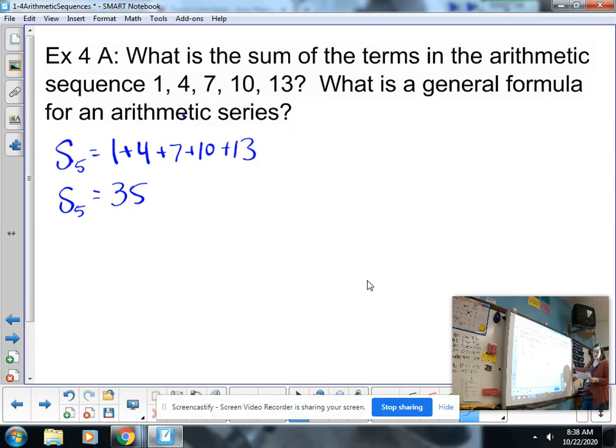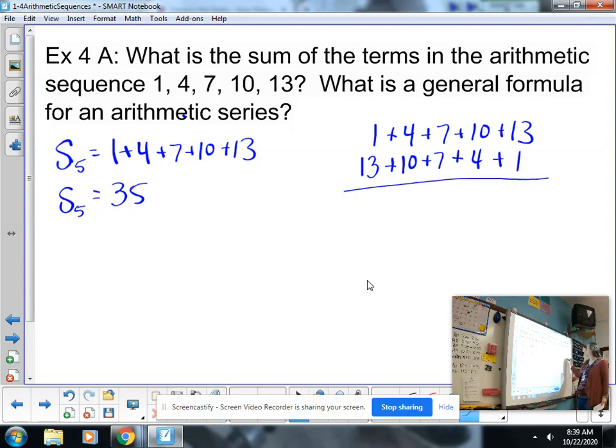Here is something interesting to look at with this. You may not instinctively think about this when you're trying to find a general formula, but it is interesting to note. If we were to reverse these, I have 1 plus 4 plus 7 plus 10 plus 13, and the reverse is 13 plus 10 plus 7 plus 4 plus 1.